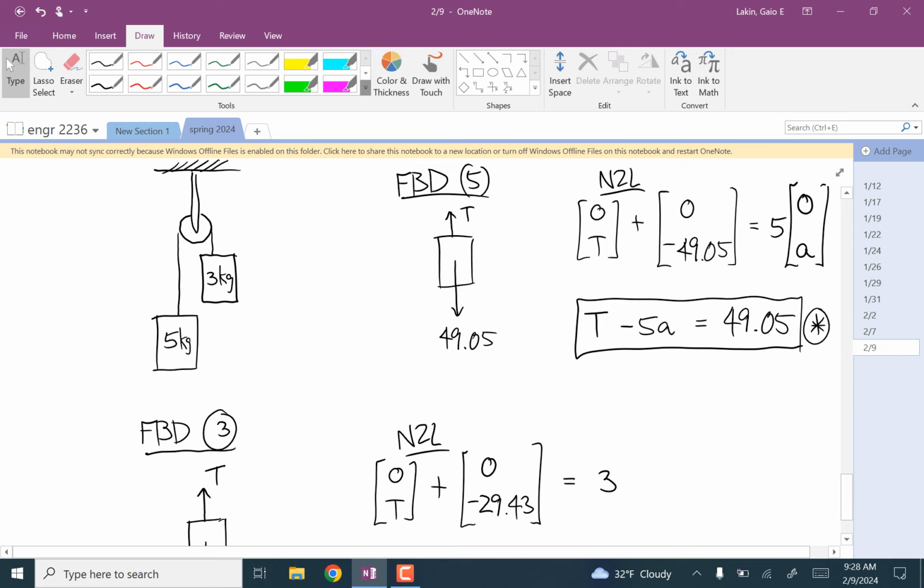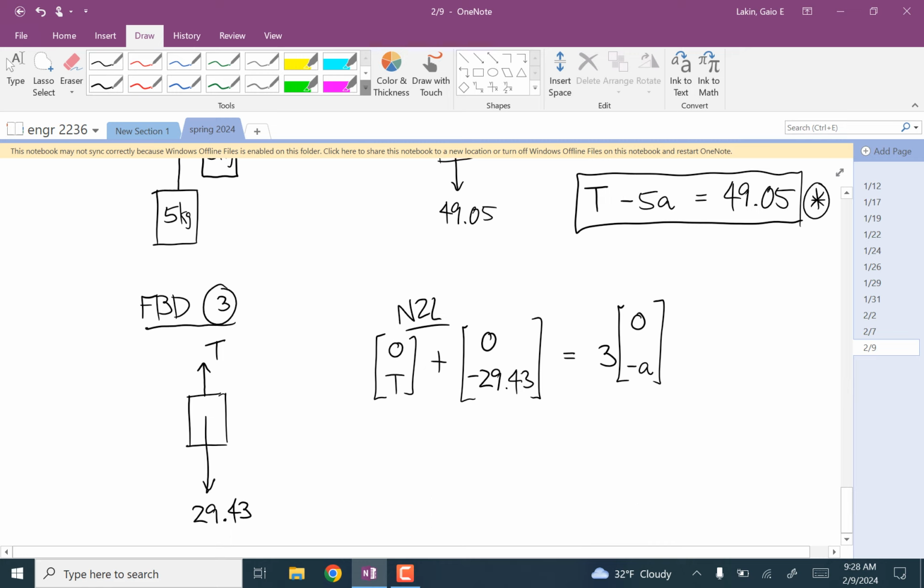Down. An inch down, right? So we're going to call the acceleration here 0, negative A. Any questions about that? Are you with me on that? So 0, negative A. And so the equation we get from this is T plus 3A is equal to 29.43.